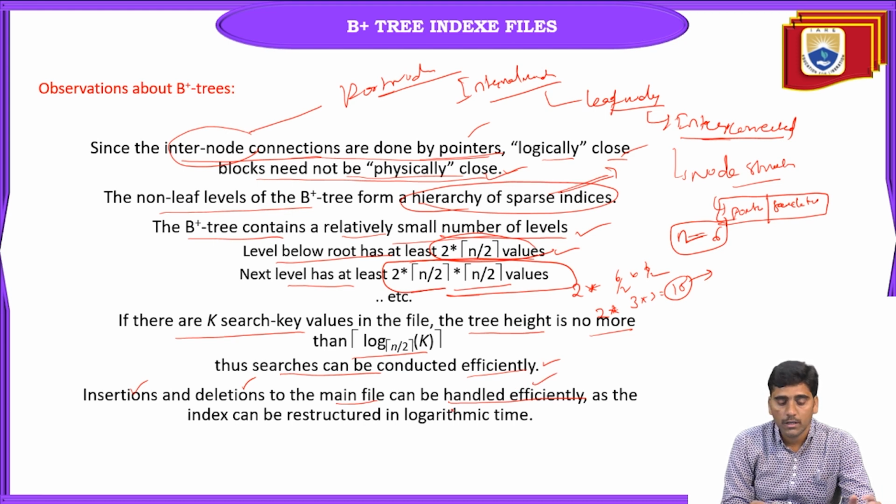Insertion and deletion to the main file can be handled efficiently because the search key value is pointed to the next pointer, as well as the pointer is pointed to the next search key values. So whichever search key value is pointed to by the pointer, then it takes place to insert or delete.